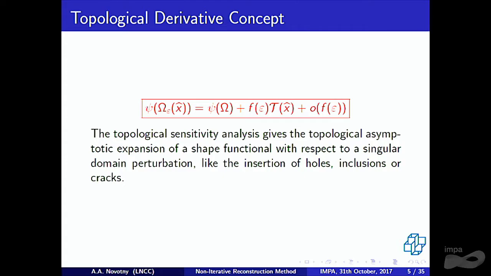So we have to look for the most negative points of the topological derivative. If we nucleate holes where the topological derivative is negative, then we can minimize the shape functional. So the idea is quite simple.